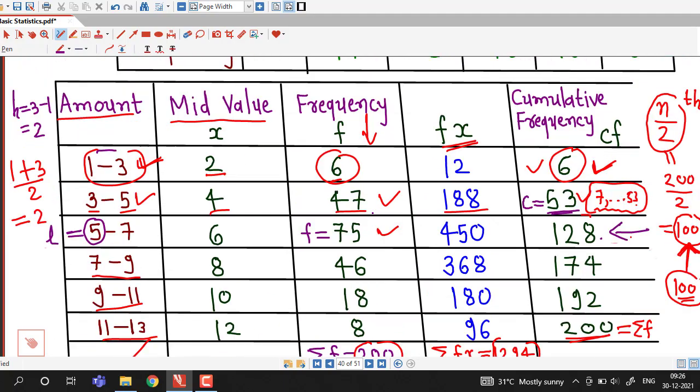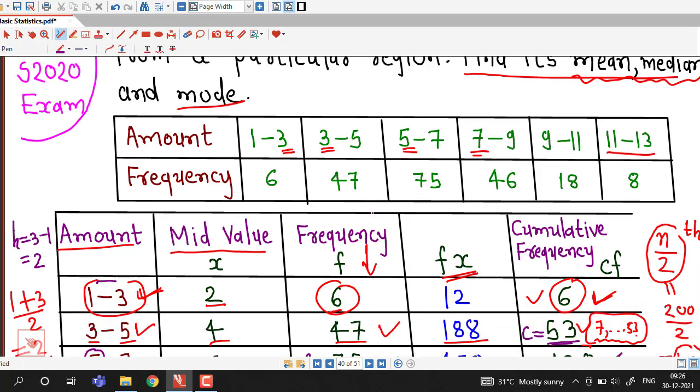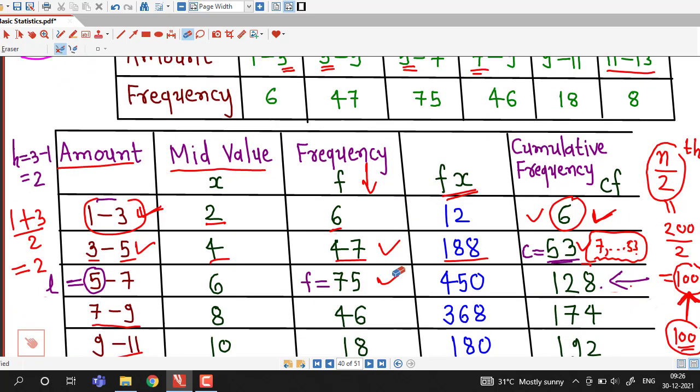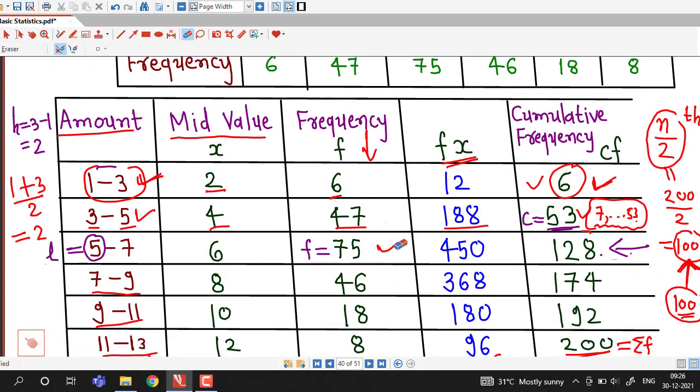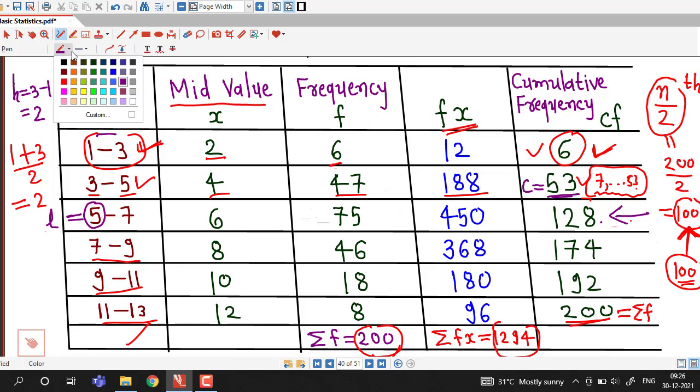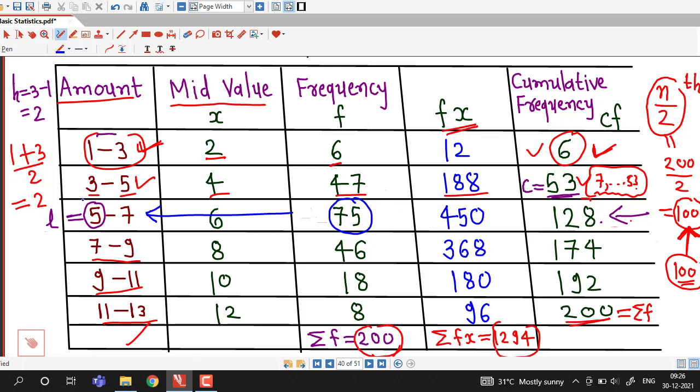Now the last thing we have to find is mode. For mode also we have to decide the modal class. So for mode, the modal class is that class which corresponds to the highest frequency. So we concentrate on the column of frequency and we identify the highest frequency. So the highest frequency is 75. Therefore the class corresponding to the highest frequency is the modal class.